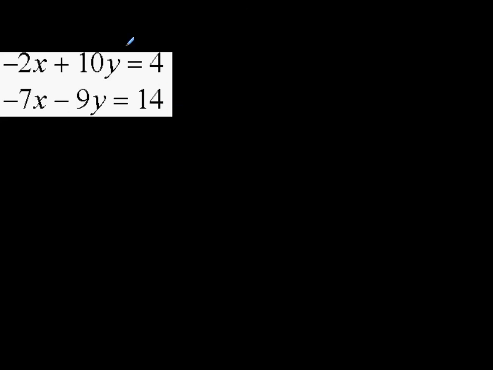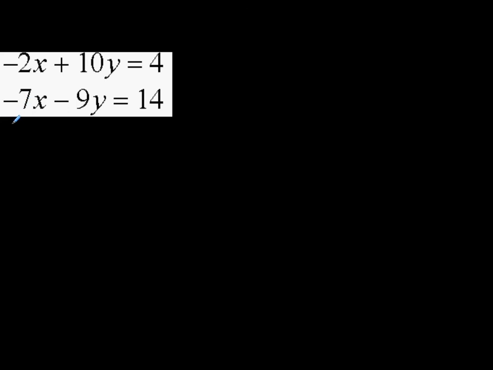Well, here we have a problem where neither coefficient matches. Now let's look here. If I was to multiply 9 by a number, or this equation by a number, would it match 10 in any way? There's no number that I can multiply by 9 to make 10. Nor is there any number I can multiply by 2 to make 7.